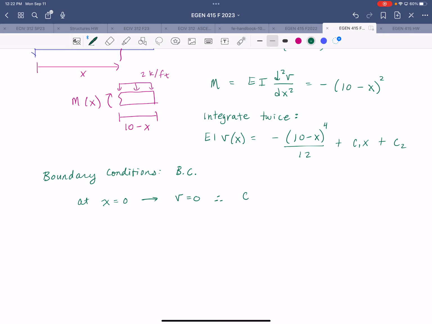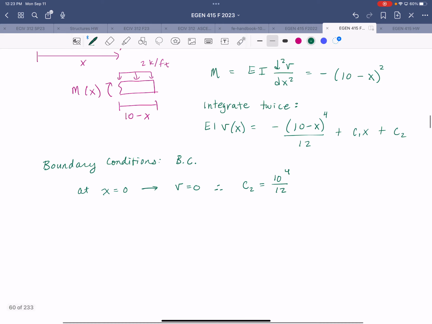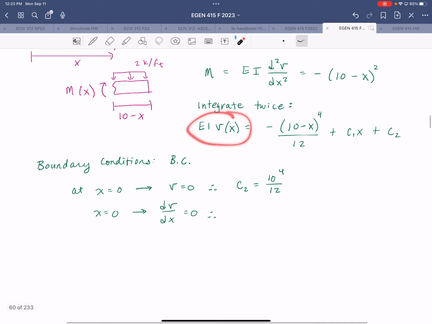So that will tell us that C2 is equal to 10 to the 4th over 12. And then our other boundary condition, at x equals 0, we know slope is going to be equal to 0. So if we get our equation for slope, which would be the first integration of the moment equation, we have C1 equal to negative 10 cubed over 3.